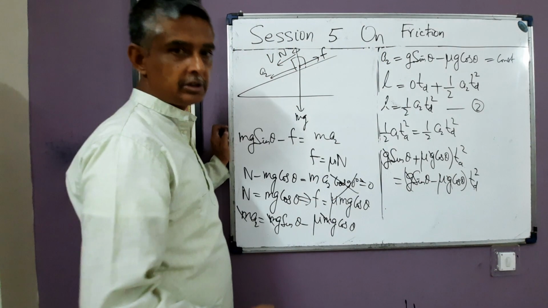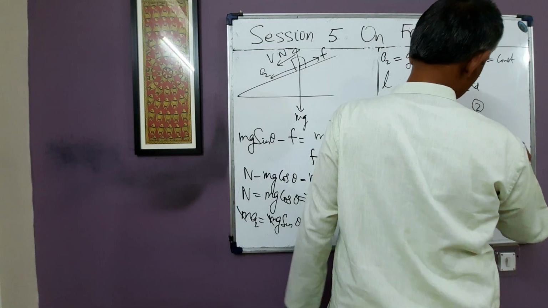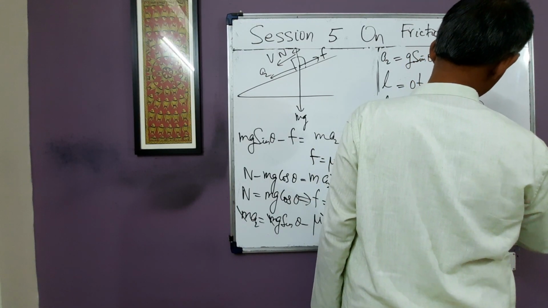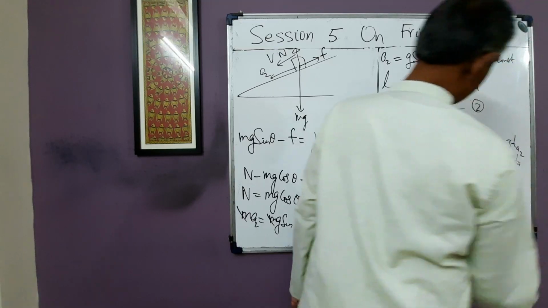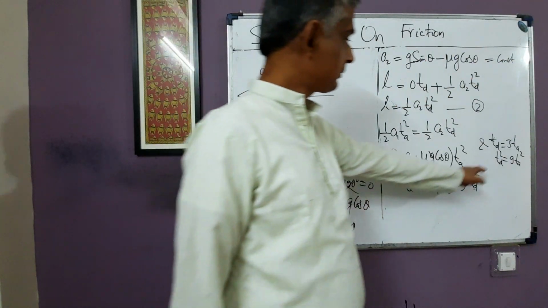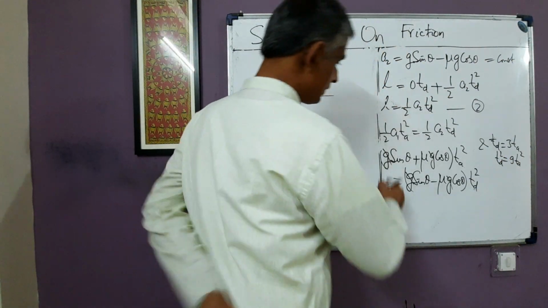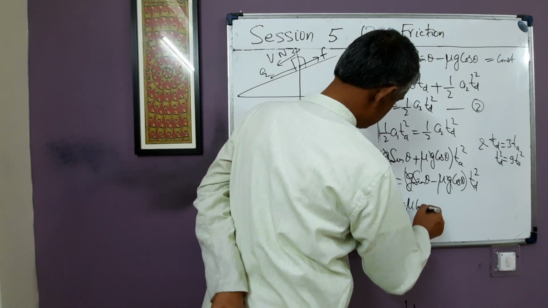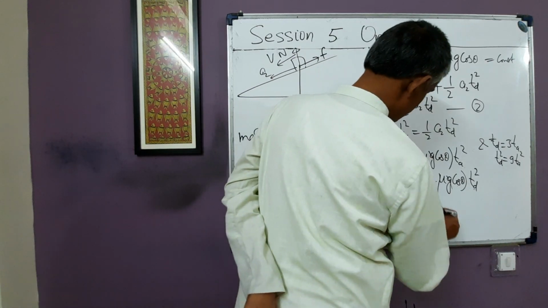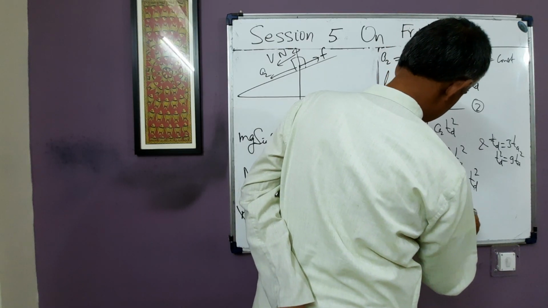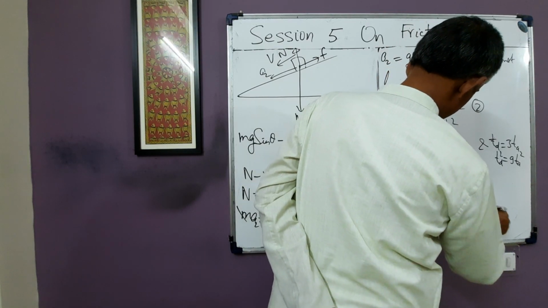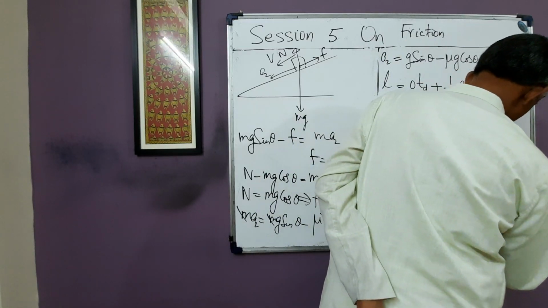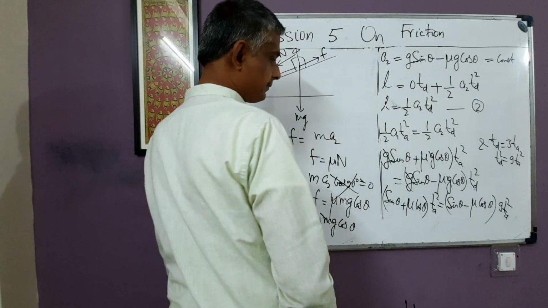Also Td is given to be 3 times Ta, so Td square is 9 times Ta square. So this Td square is replaced by 9Ta square here. g goes away. We have sin theta plus mu cos theta into Ta square equals sin theta minus mu cos theta into 9Ta square.